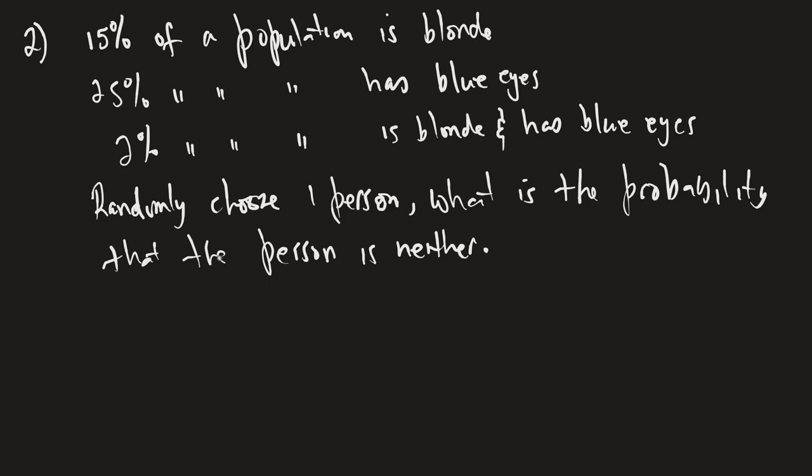So let's go ahead and define our sets. These are both properties that start with the letter B, so it's not going to make much sense, but I'm going to call this event A. If the person is blonde, that's event A. If the person has blue eyes, that's event B. All right, so then let's do our Venn diagram.